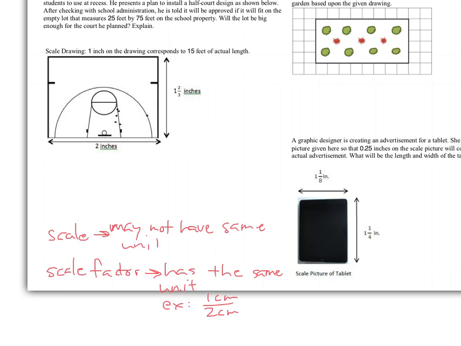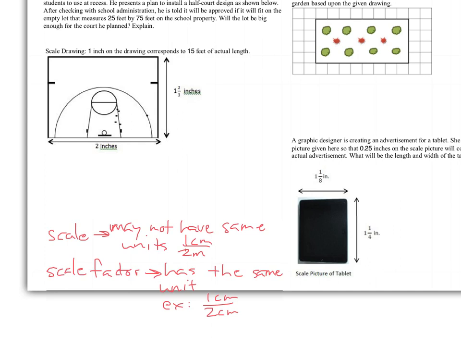But looking at an example, it's like 1 centimeter is 2 meters. And when we look at that and think about this scale here, our scale factor is not going to be the same as our scale because it is not going to be a 1 to 2 ratio.